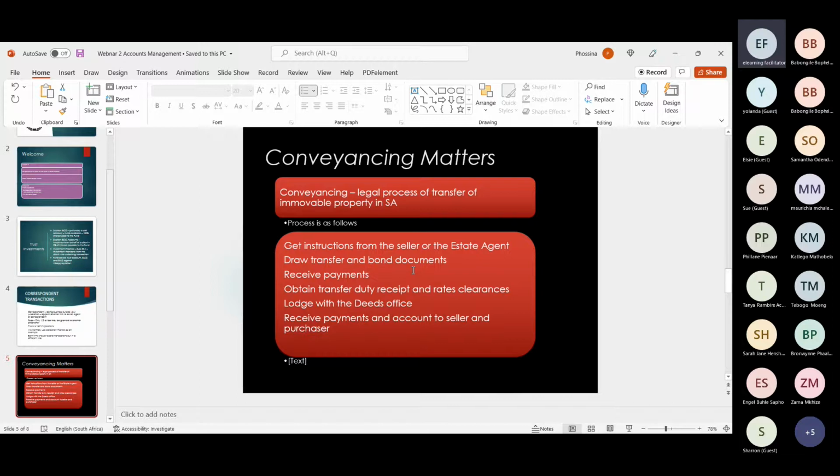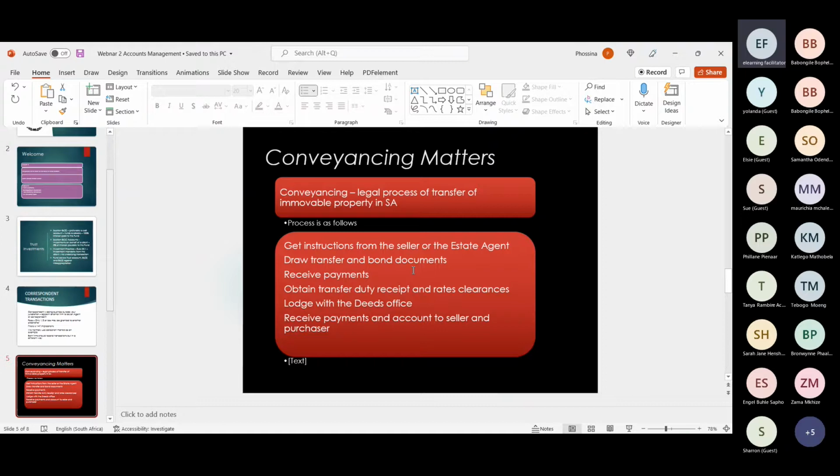So in every transaction there has to be a conveyancer. In the legal fraternity, there are people who go and study to be conveyancers, and they write their board exams so that they are able to receive instructions and transfer properties on behalf of clients.